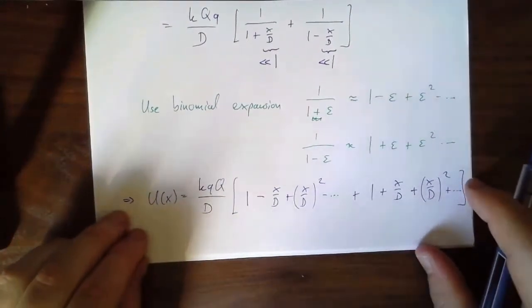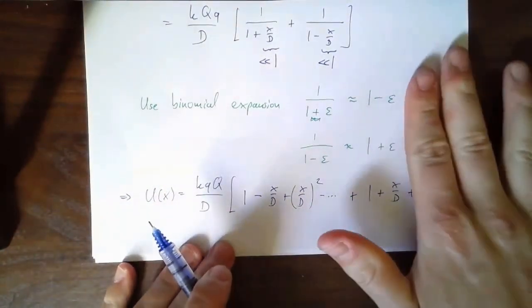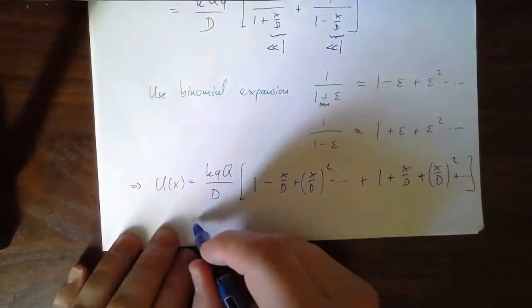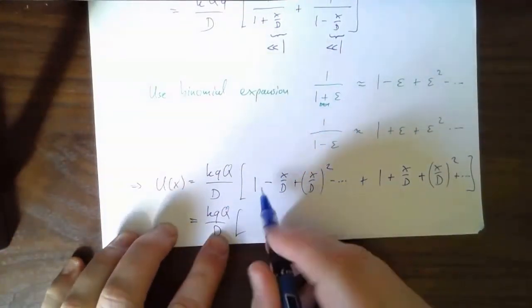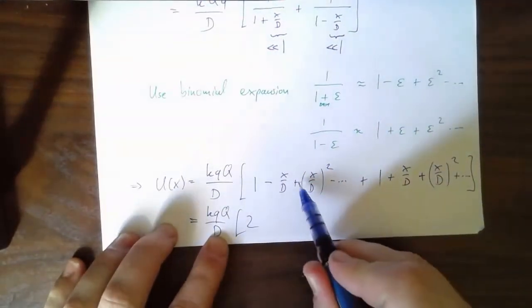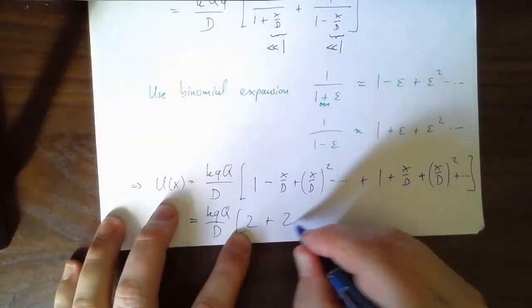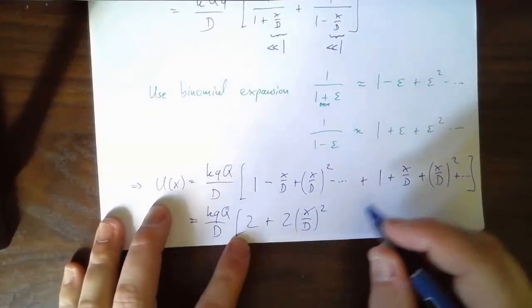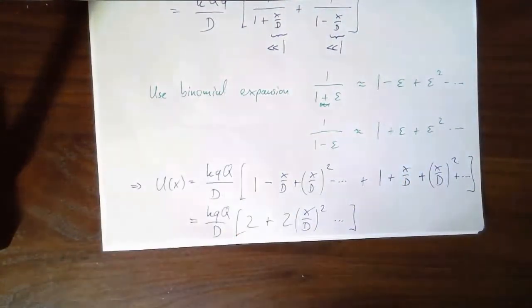Now we can maybe see why I decided to include the second term in my approximation, why I didn't just approximate it like this, because I can see that these ones are going to cancel out, ending up with k q q over d times (1 plus 1, that's 2, and these ones add, they have the same sign, plus 2 (x over d) squared). Technically there are more terms that are smaller that I am not including here.